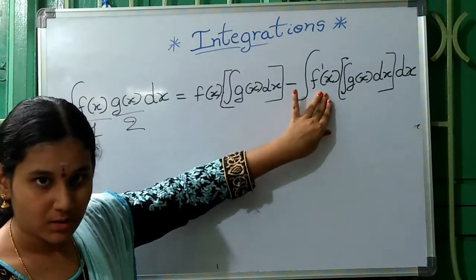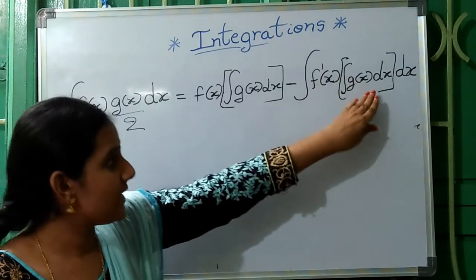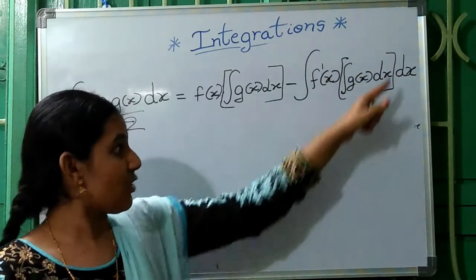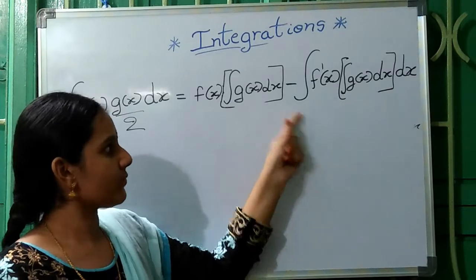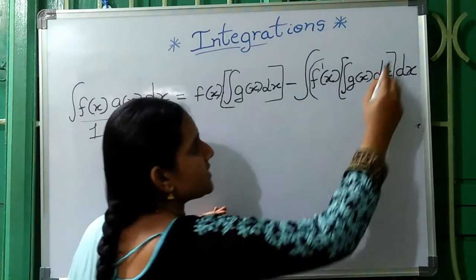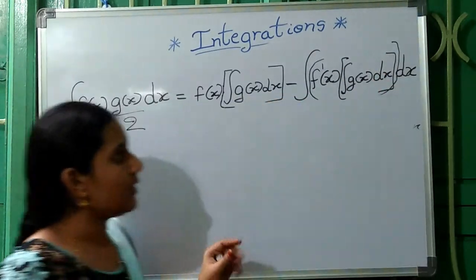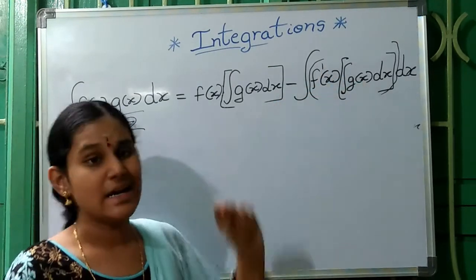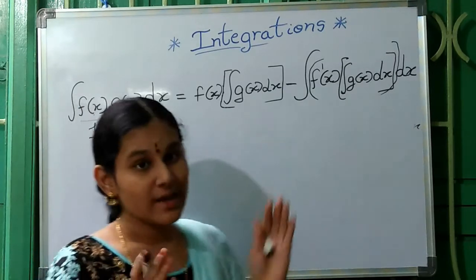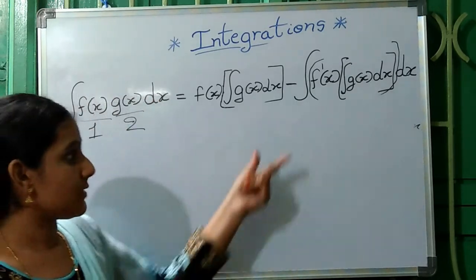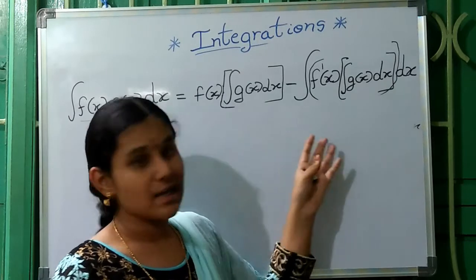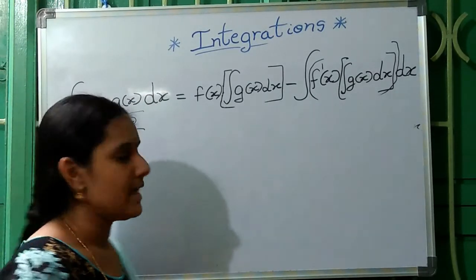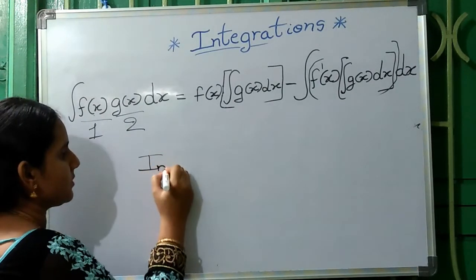That is, the differentiation of the first priority function into the integration of second priority function, this whole function is integrated again. We get one answer, and that result is integrated again. This is the process.